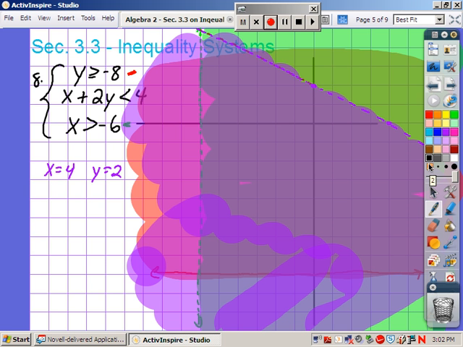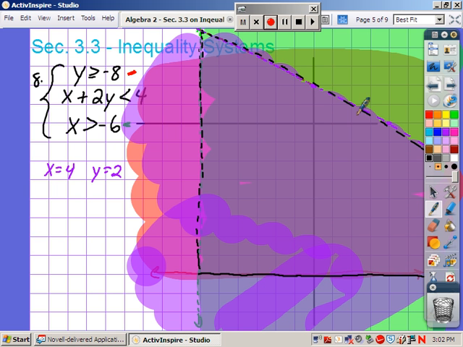But this one, I think you can see, kind of makes a triangle-like shape. You've got all of this here. It starts on this line, goes down here to this solid line, and then we have this dashed line up here as a boundary.